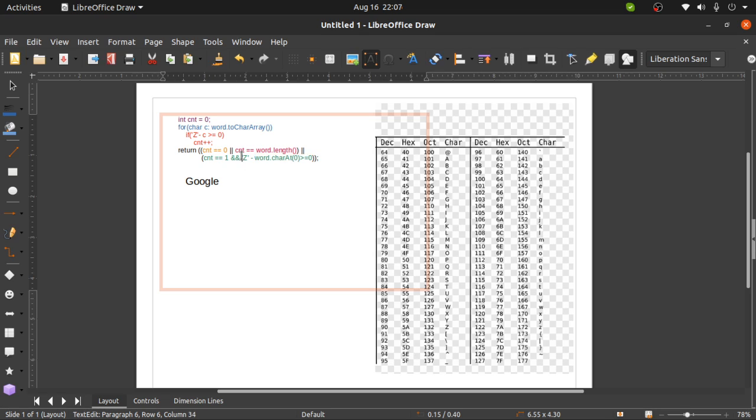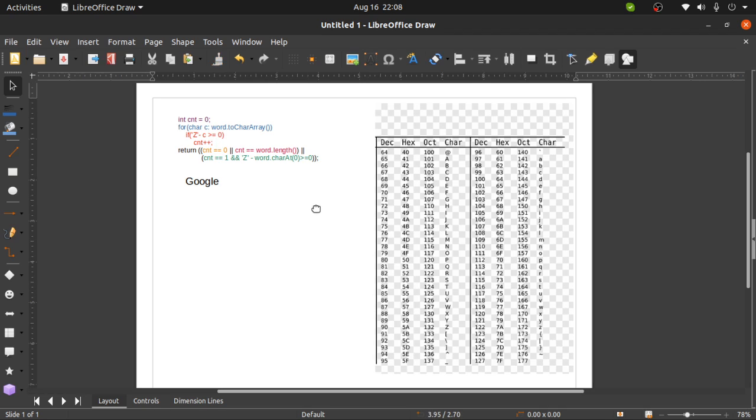So if the first character is uppercase and my counter is 1, then that's what I need as well. If that's the case, I return true. And if one of these returns true, then I return true. That's the idea. So this is a linear time complexity. We just go through the array and check.